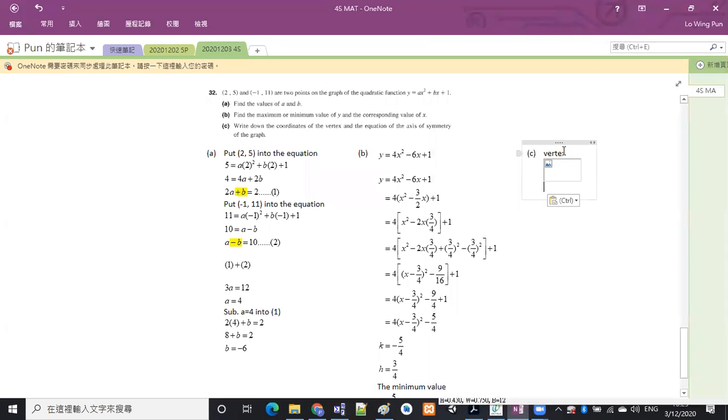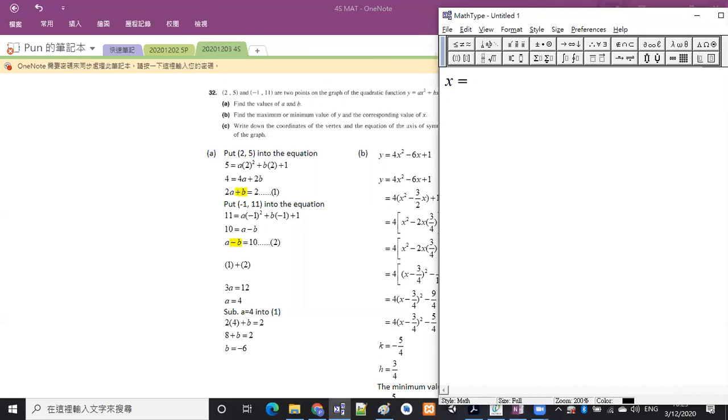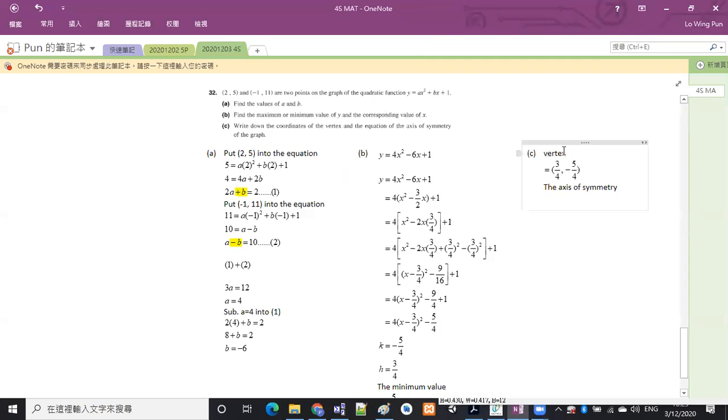The coordinates of the vertex is like this, and then the axis of symmetry will be just x equals h, that is x equals 3 over 4.